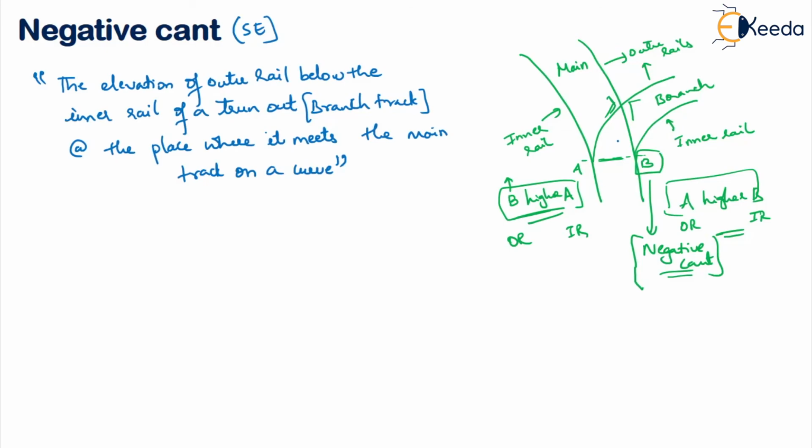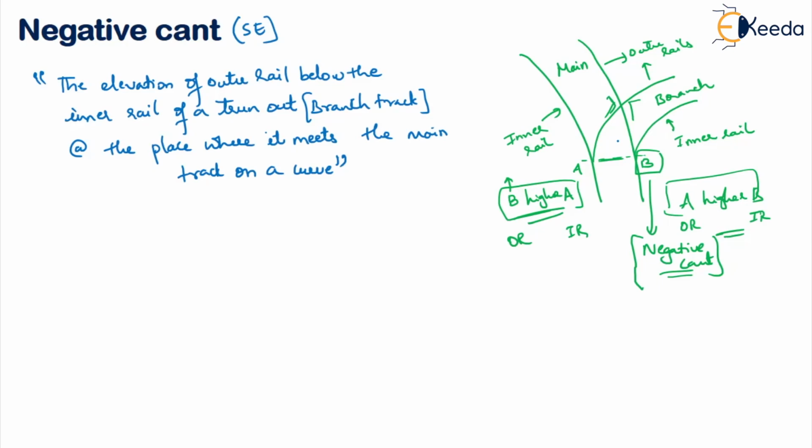Normally, how will we find the speeds of the main track and the branch track? First you will find the equilibrium cant on the main line, and then the permissible cant deficiency is deducted from this equilibrium cant. When you deduct that, you get the negative super elevation of the branch track.